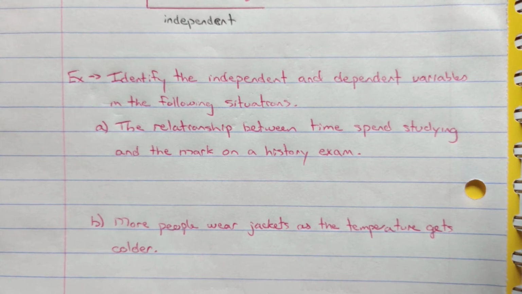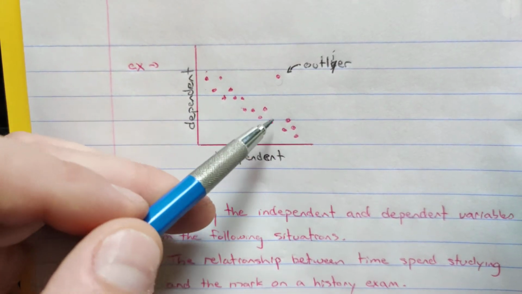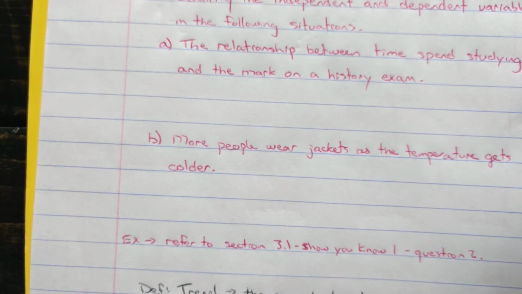We're looking at the relationship between the time spent studying and the mark on your history exam. Well, in general, the more time you study, the higher your mark should be on the history exam. Now, this isn't exact because notice they're scattered around. They're not perfect on our points all the time. But it's a scatter.